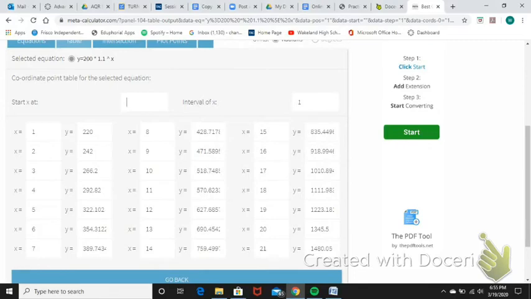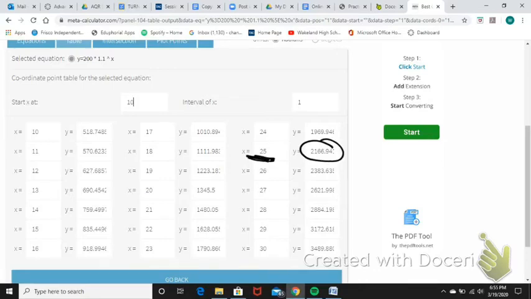I'm going to say let's start at 10, and then if we start at 10, we're looking for 2,000. Here is a number right here, the first number that's past 2,000, and there's your answer of 25 months. So if you did this in your calculator or online, you should have the same thing. Whichever method we use, 25 is going to be our final answer for number 2.